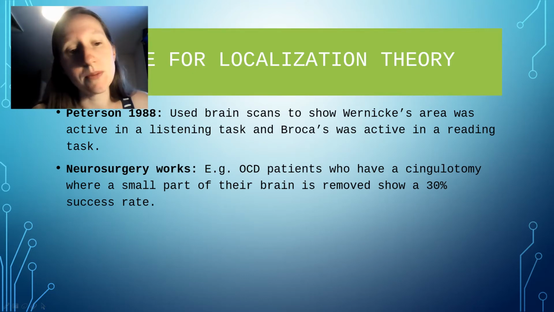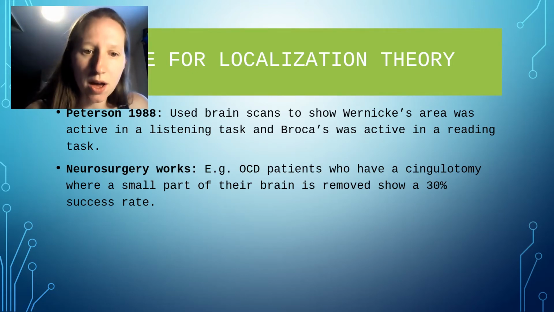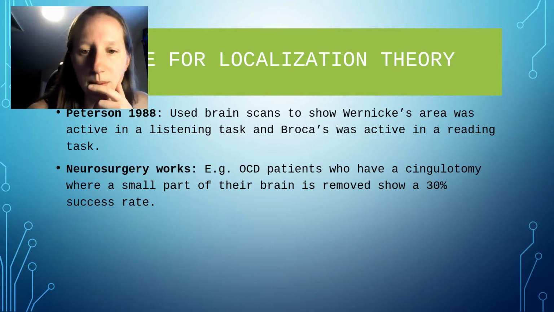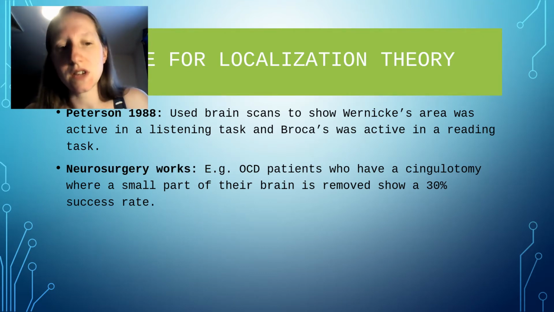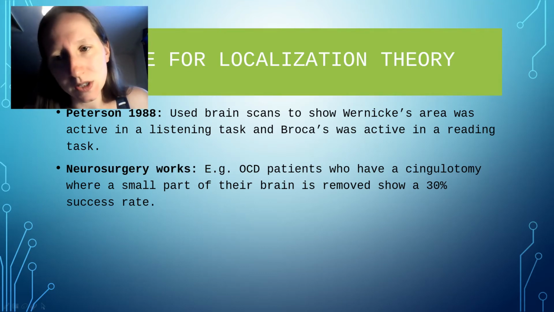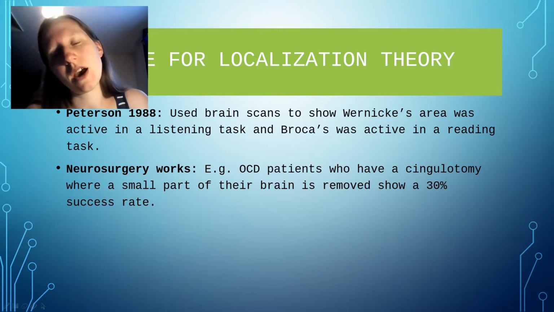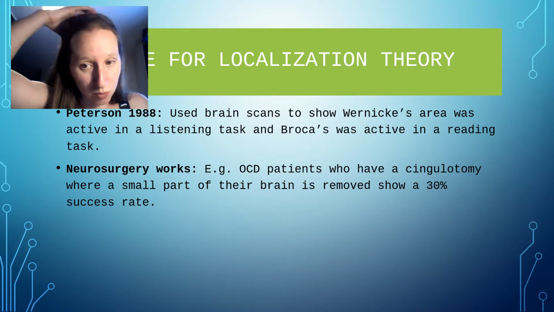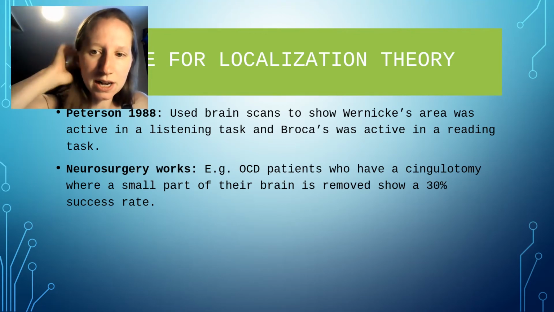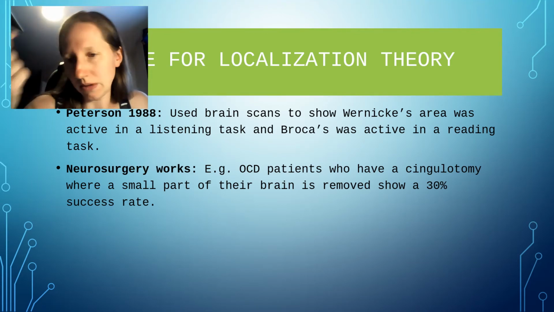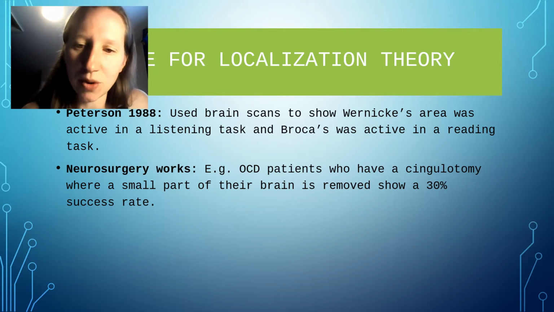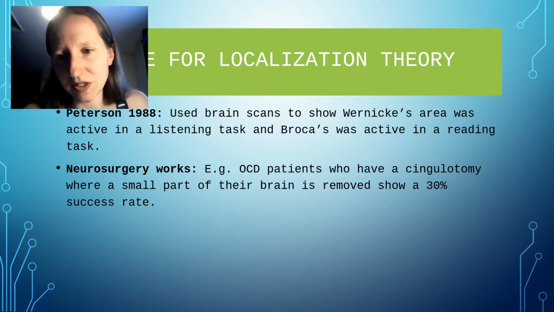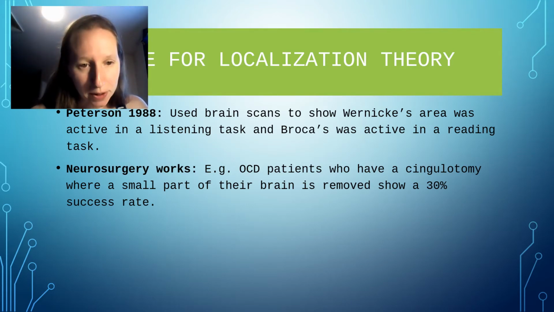Then we've got evidence from neurosurgery. For OCD patients with quite severe OCD, one of the last resorts after trying various other treatments is brain surgery, and you can have something called a cingulotomy. They go into the limbic system, to the cingulate gyrus, and make a lesion in it, basically removing a very small part of the brain.